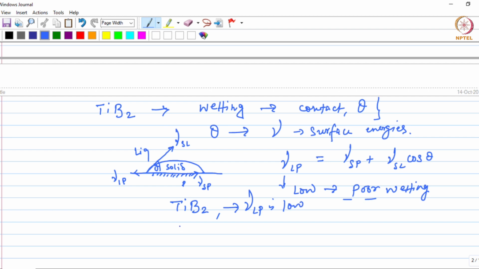And therefore TiB2 alone is not a good nucleant.